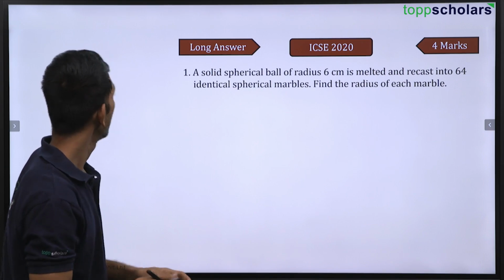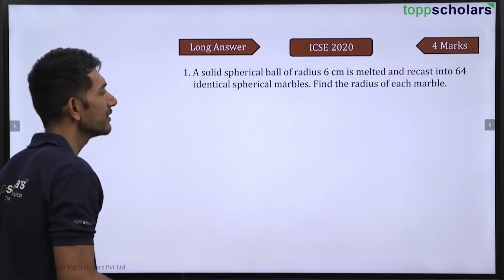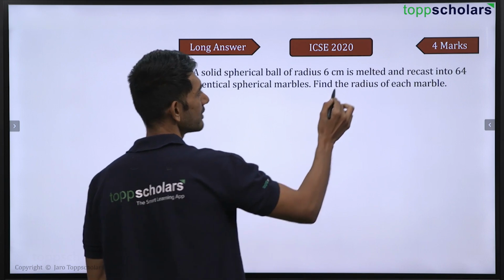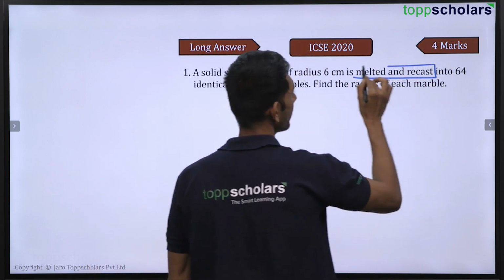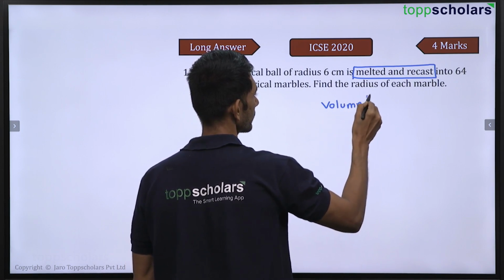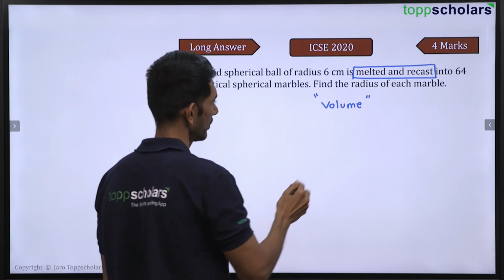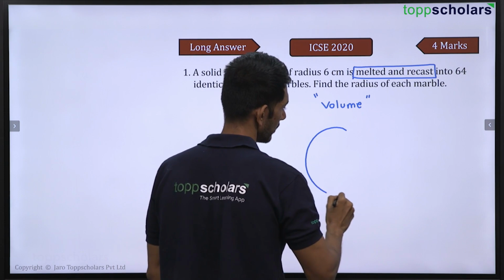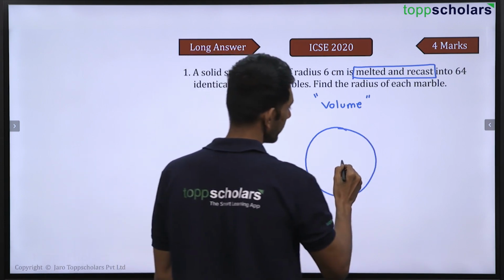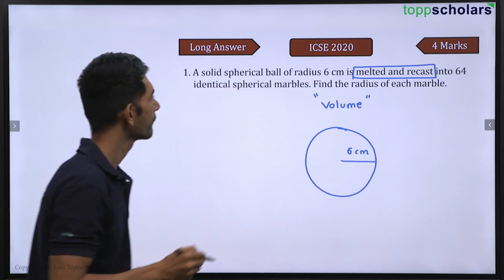It says a solid spherical ball of radius 6 centimeter is melted and recast. Whenever this term melted and recast comes into picture, we are talking about volume. So there is a solid spherical ball of radius 6 centimeter.